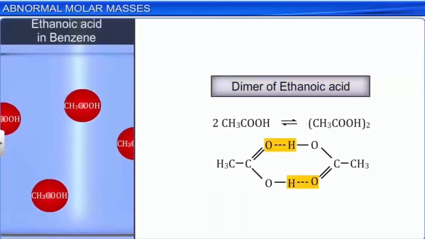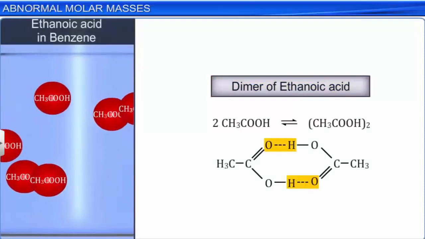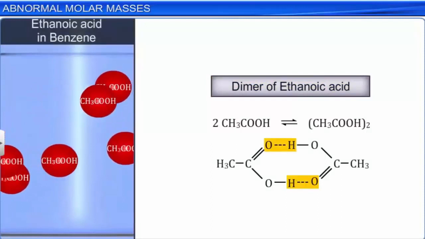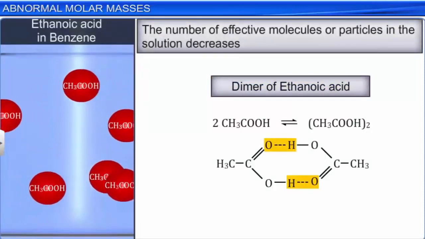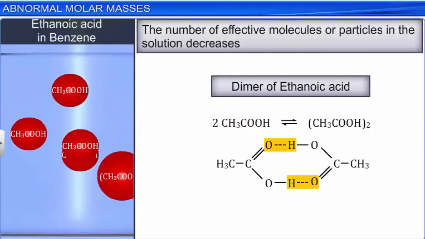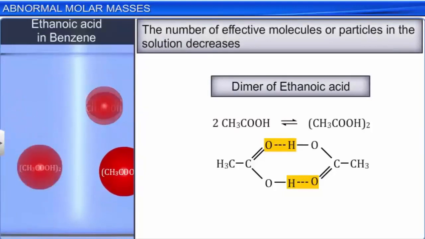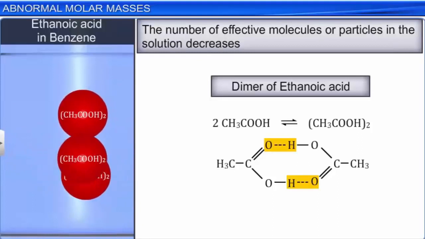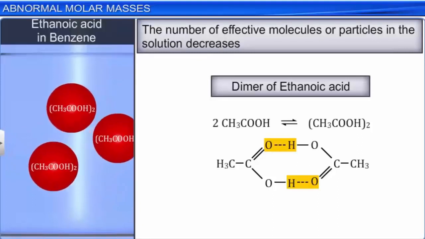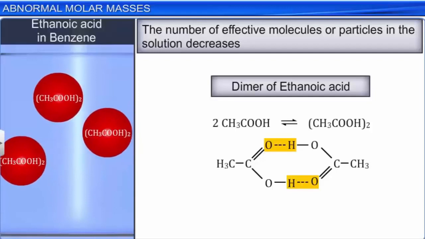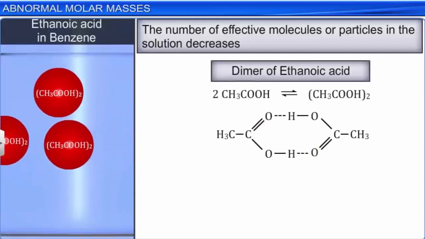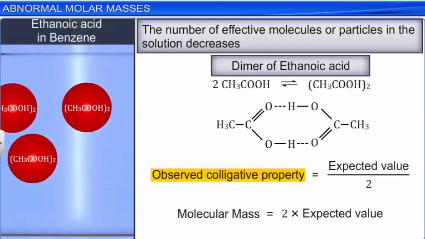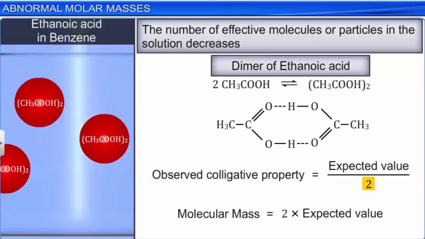Thus, the number of effective molecules or particles in the solution decreases. If the association of ethanoic acid is assumed to be complete, then the observed value of the colligative property will be half, and the molecular mass would be double the expected value.